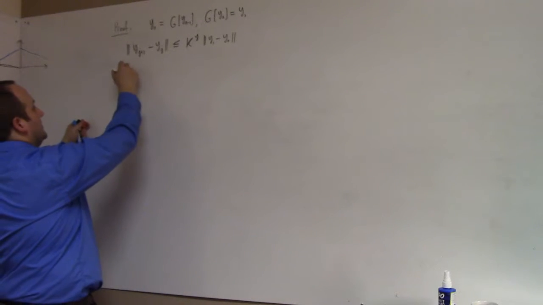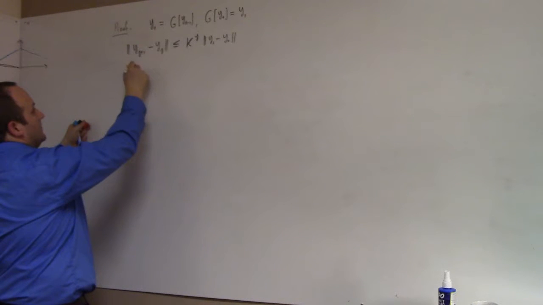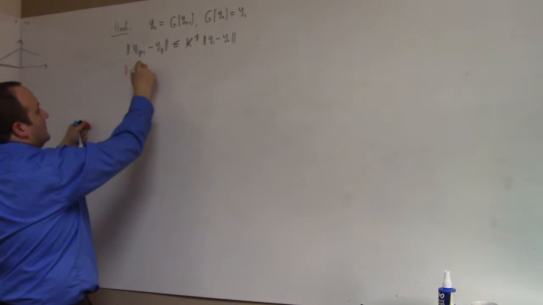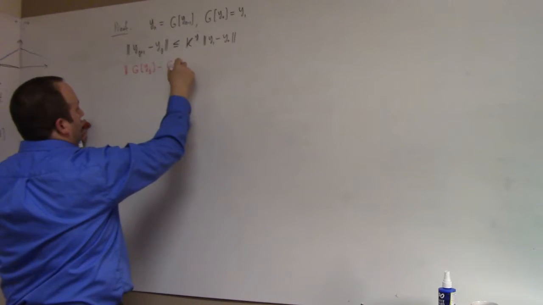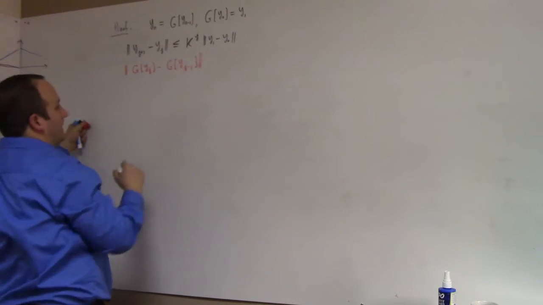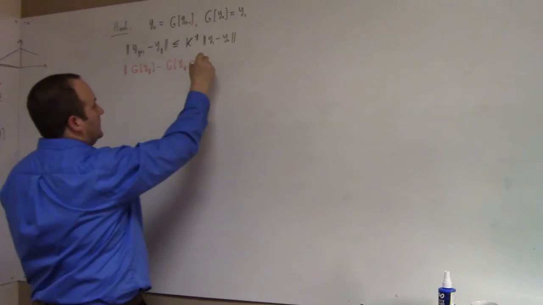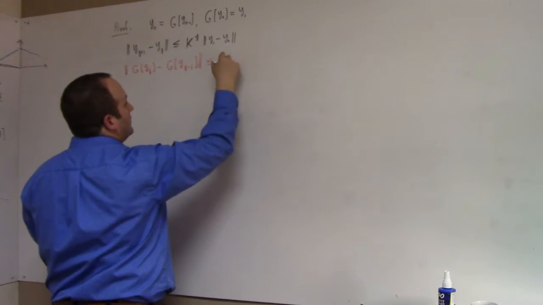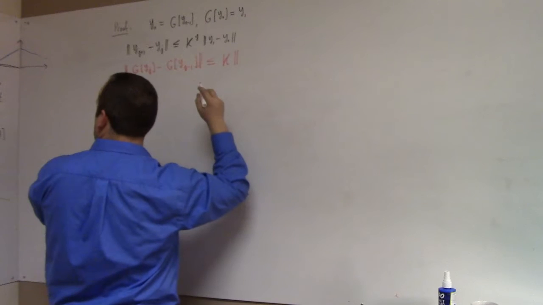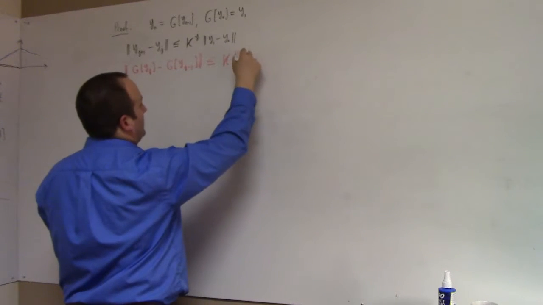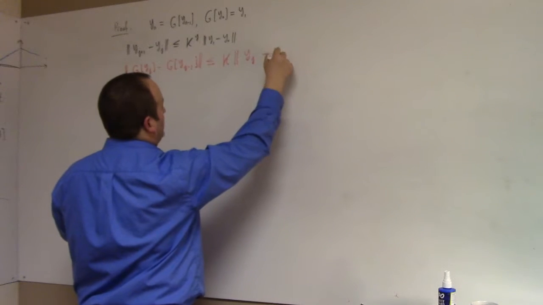This would be g of yj. And we're given that G satisfies this contraction condition. So that's less than or equal to k times the norm of yj minus yj minus 1.